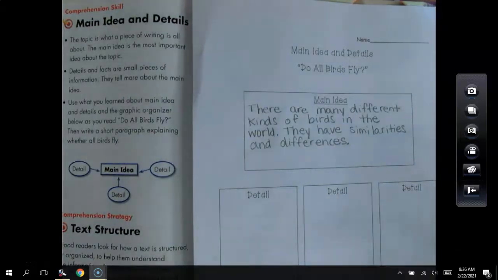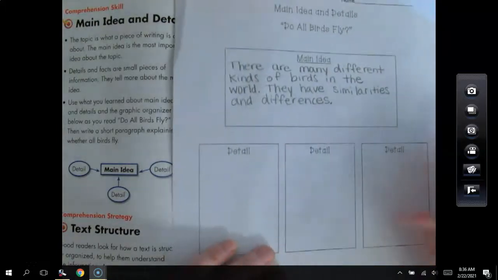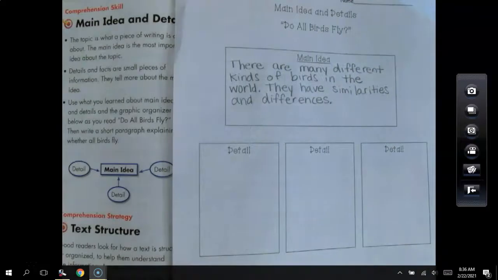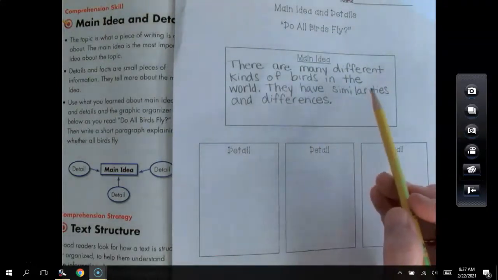Okay, now we need to find details. Remember our details, okay? Our details, all our details do is help us support the main idea. They tell us more about the main idea. We already know that there's different kinds of birds in the world.